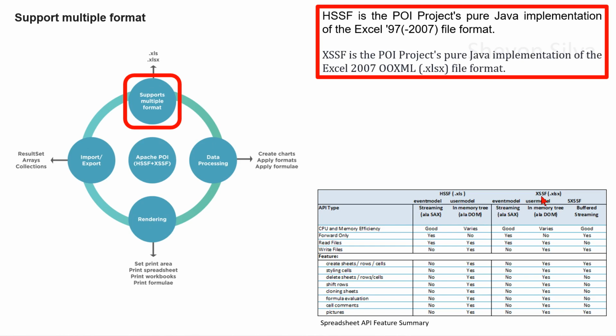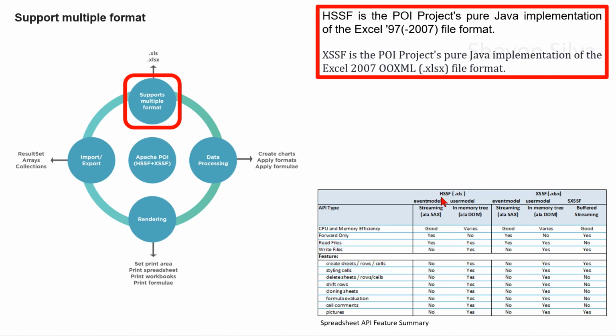And XSSF or .xlsx: event model is streaming according to SAX, and user model is an in-memory tree according to DOM. SXSSF is buffered streaming. For CPU and memory efficiency, the event model is good, the user model varies, and buffered streaming is good. Forward only is yes.